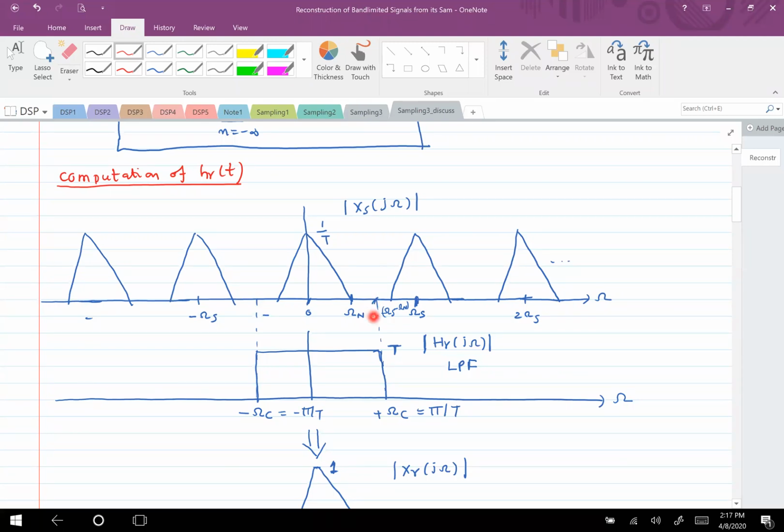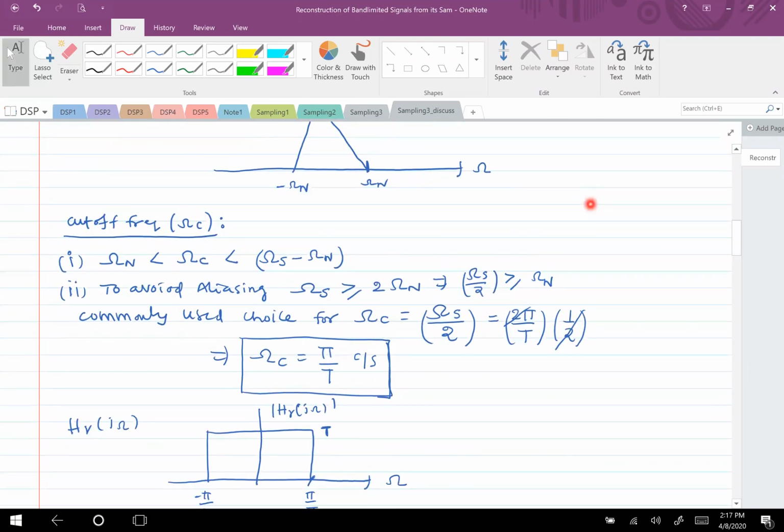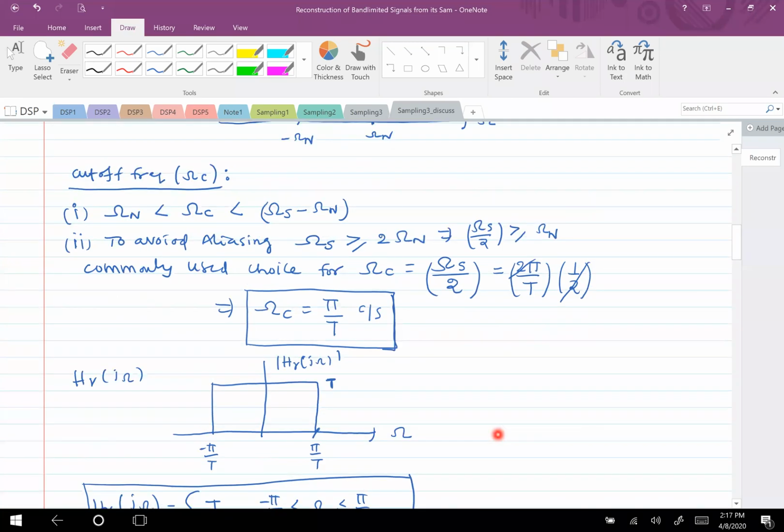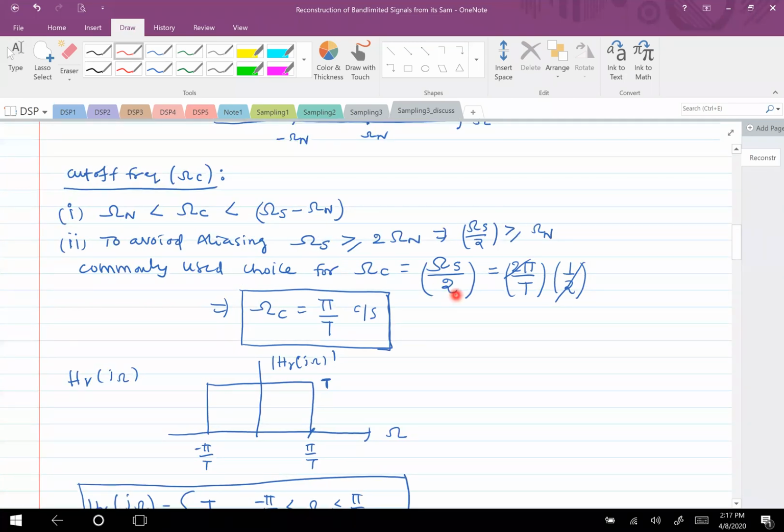The typical value that you would choose is omega s by 2. If you choose that as your value, your cutoff frequency is omega s by 2. You know that omega s is 2 pi by t, multiplied by 1 by 2, so your cutoff frequency in general is equal to pi by t.